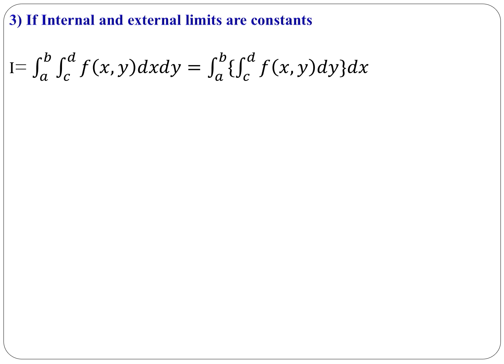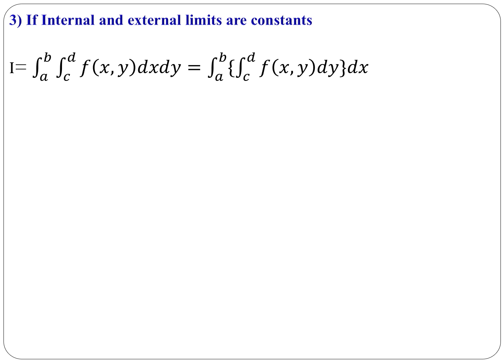We rewrite it as a to b external limit as it is, then in brackets internal limit c to d, f(x,y) dy, bracket close, dx. That means first we integrate f(x,y) with respect to y by keeping x constant and put the limits c to d. Then integrate that with respect to x and put the limit a to b.